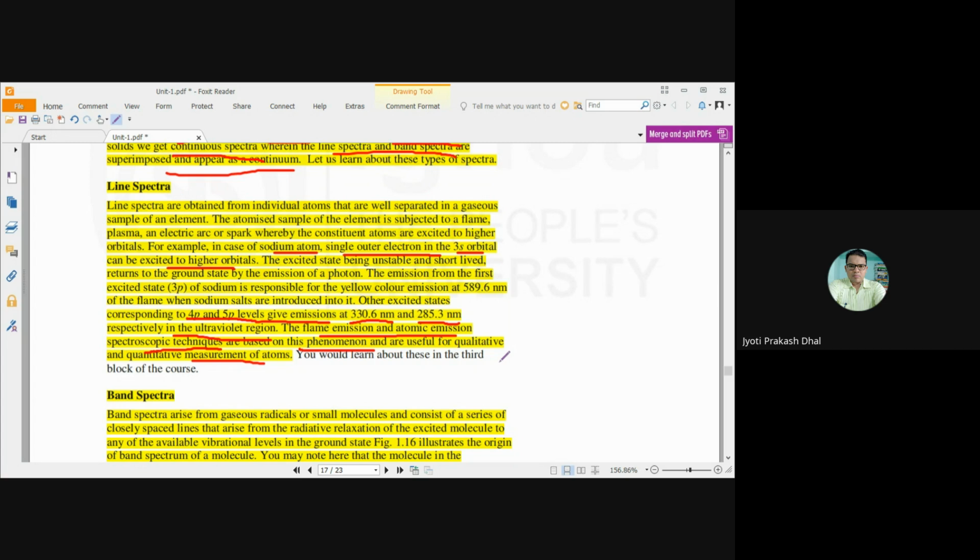That means they will undergo excitation from 3s to 3p, and we know that in the excited state the lifetime of the electron will be very short.